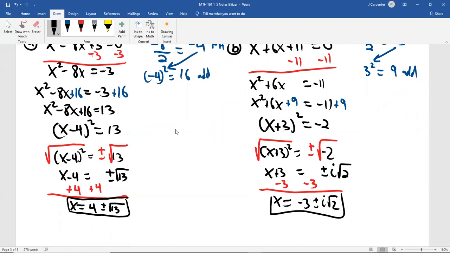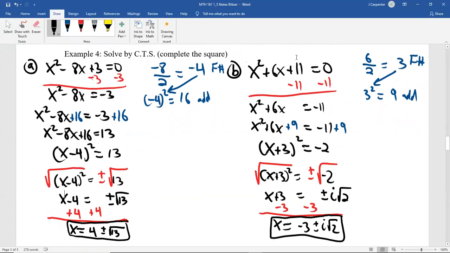You are definitely not going to get that solution by factoring at this point. Traditional factoring is never going to find you that solution. Nobody at our level can factor x squared plus 6x plus 11 and know that it's x plus 3 plus i square root of 2 times x plus 3 minus i square root of 2.